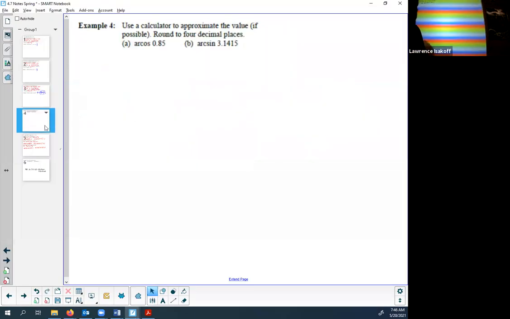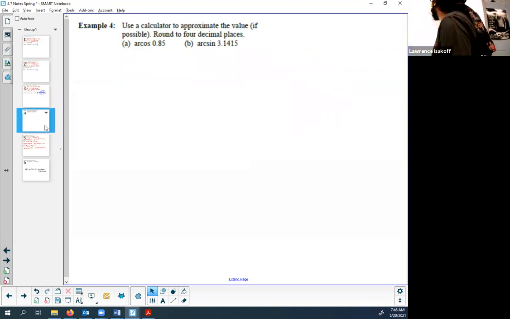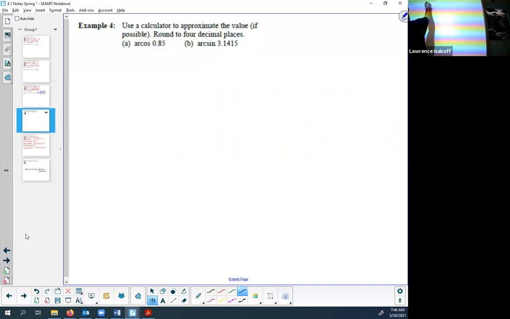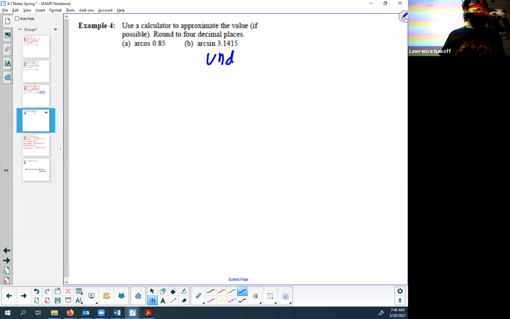Okay. Here they're asking us to round these to decimals. This is easy. I already know this one is undefined because the number inside of there is bigger than 1.